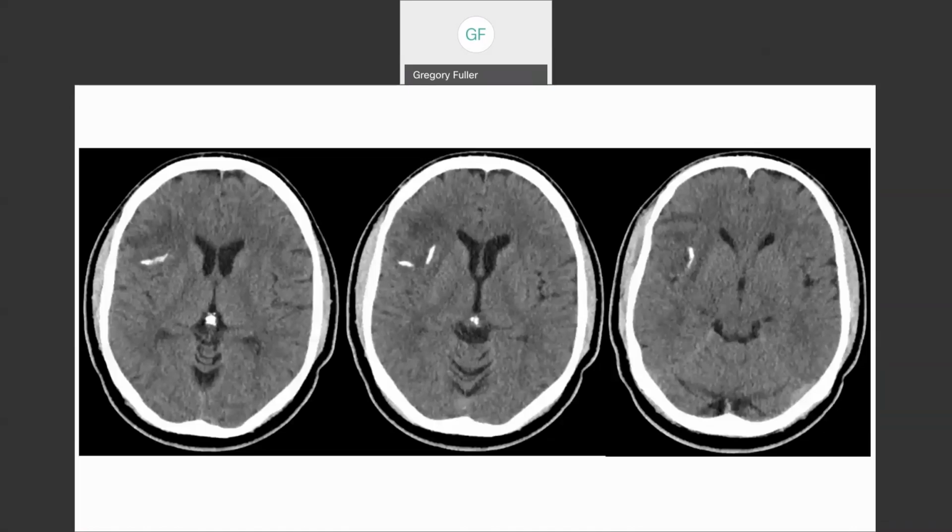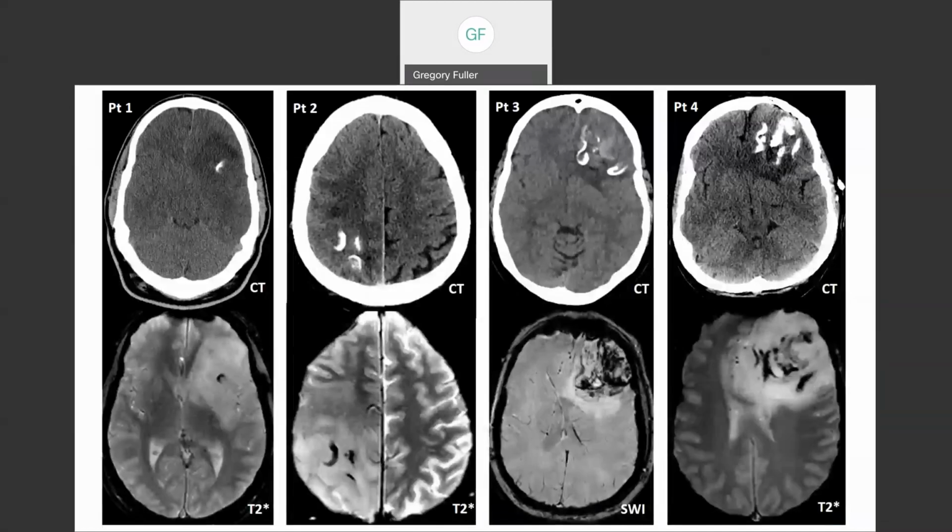Okay, and this was the case I just showed you. I always like to give other examples so you don't fix one thing in your mind. So here are 4 different patients, and you can see CT scan images on the top, and either a T2 gradient or susceptibility on the bottom. Both beautifully show this curvilinear, and for the last 2 patients, 3 and 4, actually gyriform, because it's outlining an entire gyrus, at least a couple of them there.